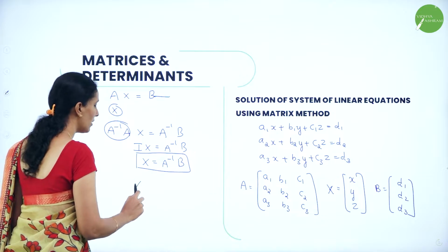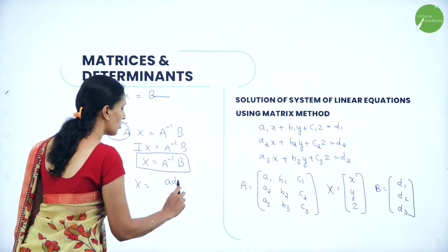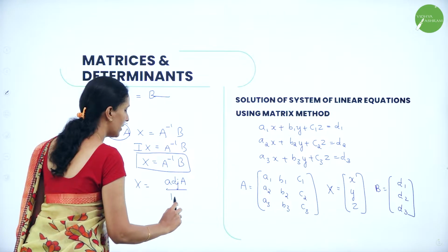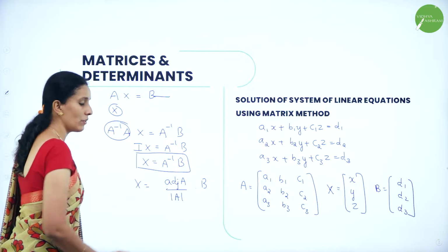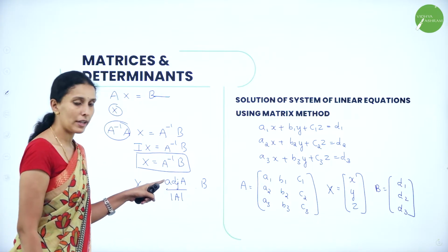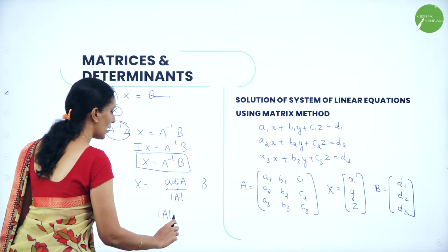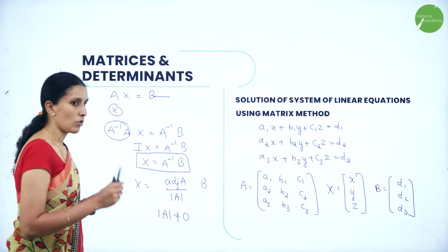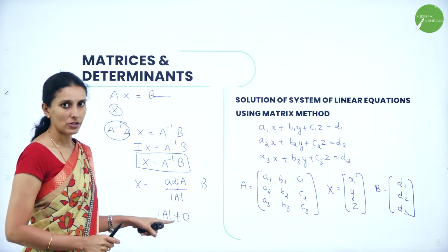And the inverse can be found using the formula adjoint A divided by determinant A, into matrix B. So to find A inverse, we need to find adjoint A as well as determinant A, and determinant A cannot be equal to 0. If A inverse exists, that means A is non-singular.